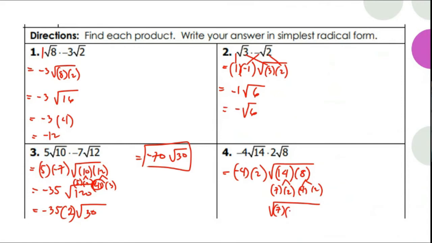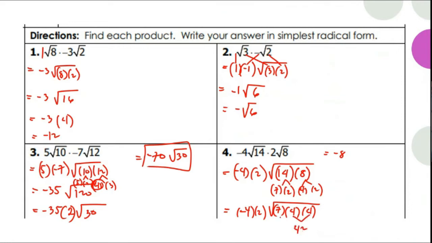You just copy the coefficients, negative 4 times 2, so you will have negative 8. Based on the given, the 2 will be 4 squared.